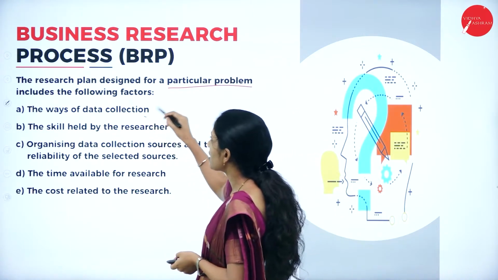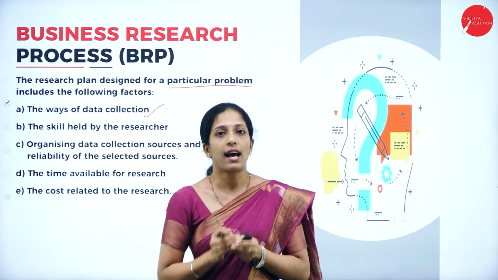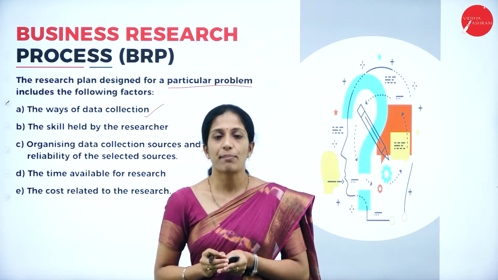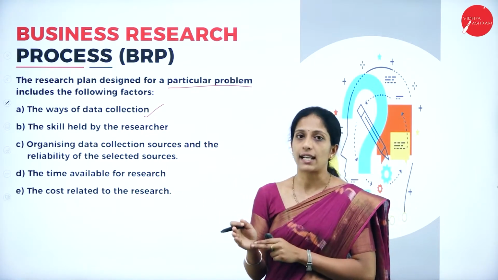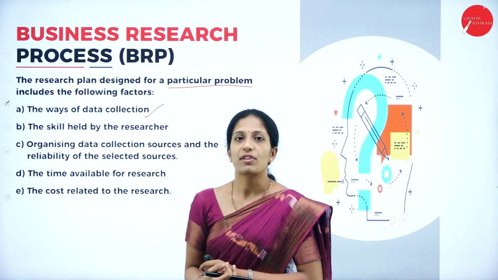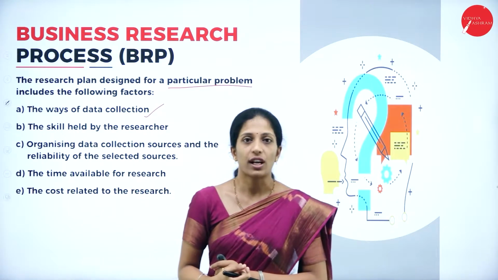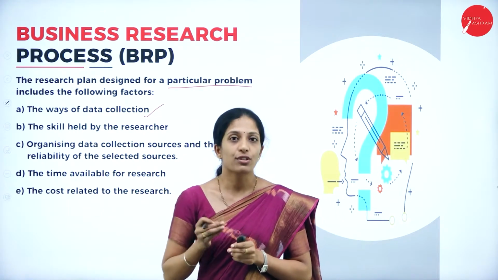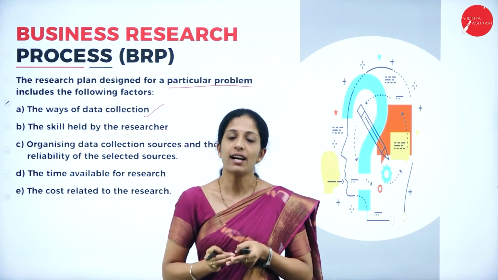So the first one is the ways of data collection. How the information or data has to be collected. I have told you there are many sources to collect the data. It may be primary sources or secondary sources. Now what do I mean by primary sources? Here the data is collected for the first time. They are known as primary sources. For example, I am directly going to some respondents, giving them a questionnaire and collecting the data directly.